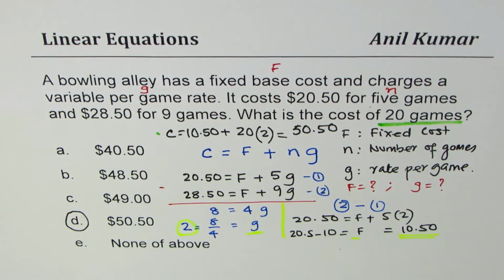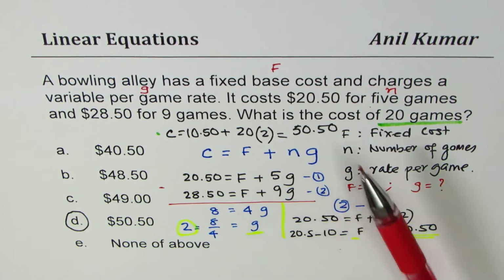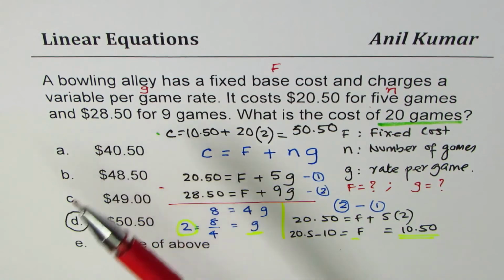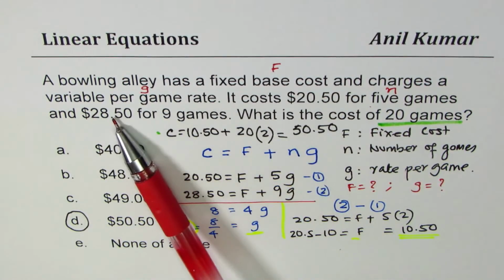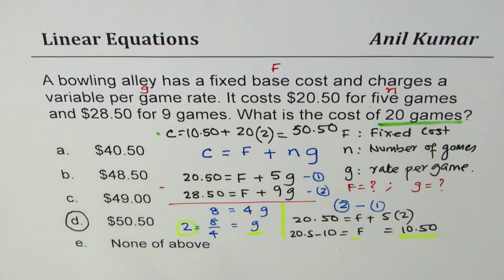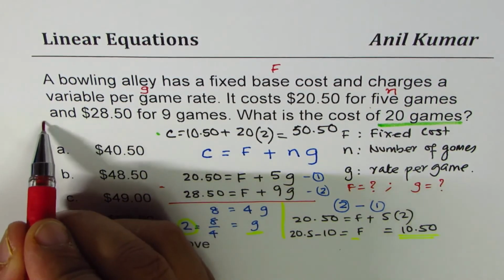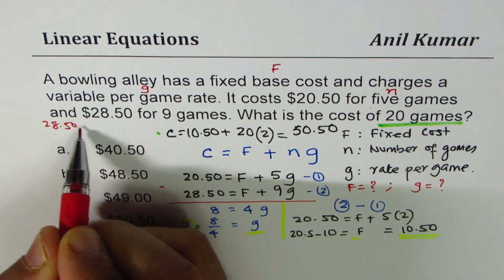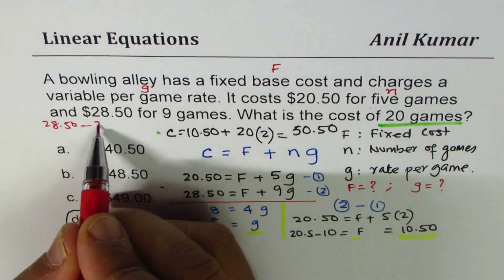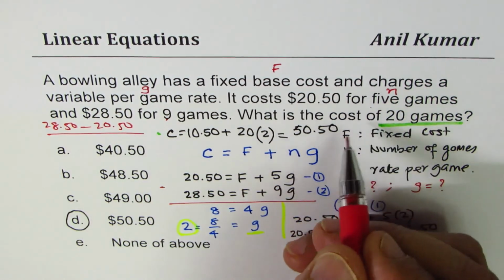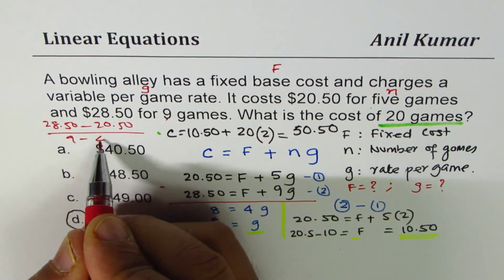Since I had to explain many things, I took a lot of time, but it doesn't really take that much time. What you basically have to do is find the rate of change. So let me give you a shortcut: 28.50 minus 20.50 divided by 9 minus 5.